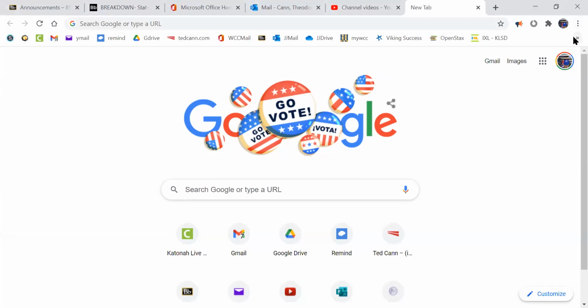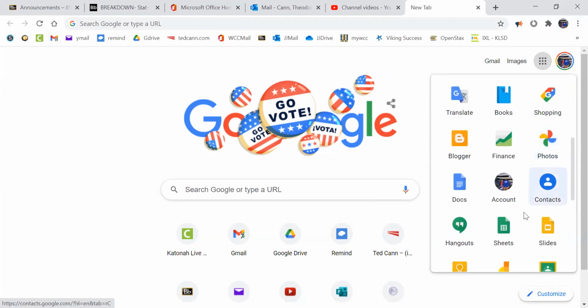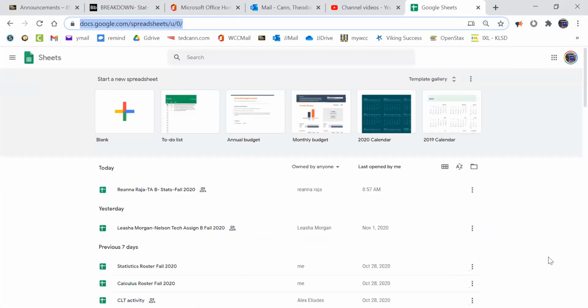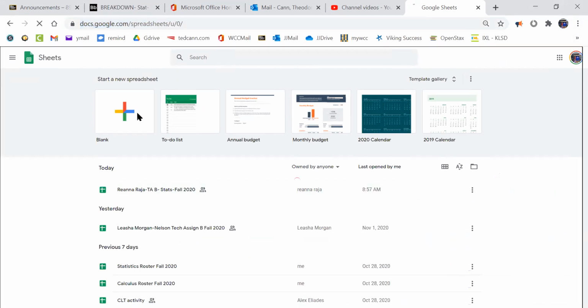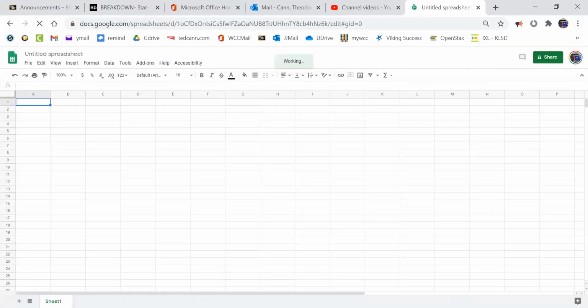All right, so some stuff in the way here. I want Sheets. I'm going to create a new one, a blank one. And I'm going to type in these values.